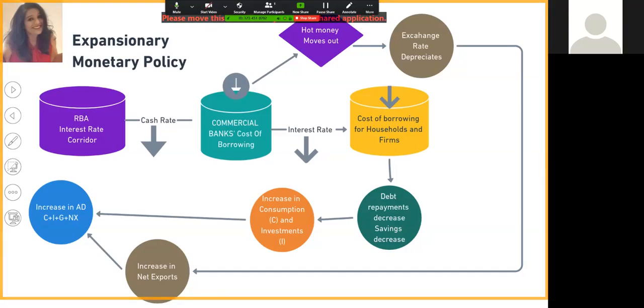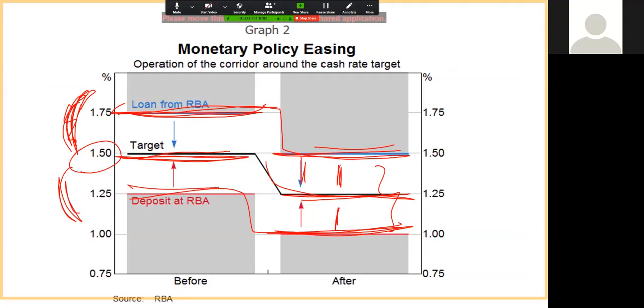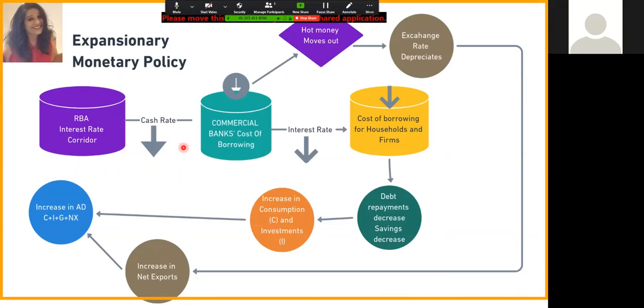So when the Reserve Bank goes in for an expansionary monetary policy, as you can see here, it would actually reduce the cash rate, just like in our previous example. If it reduces the cash rate and brings it down, the advantage would be, because cash rate is the cost of borrowing for the commercial banks, that cost is going down for them, and therefore they're likely to decrease the interest rate because there's more funds available with them now.